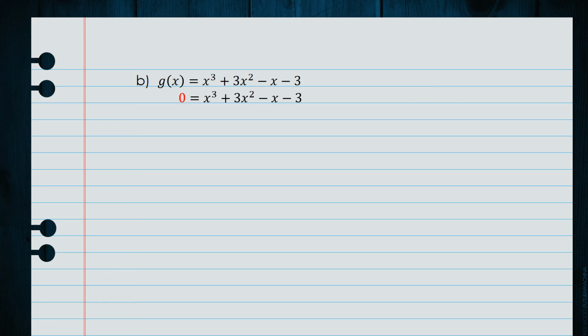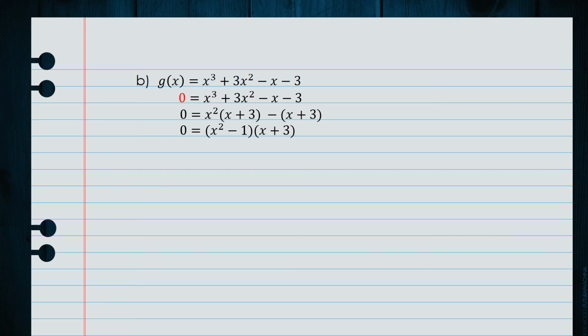If I factor my first 2 terms and my last 2 terms, I will come up with 0 equals x squared times (x plus 3) minus (x plus 3). I notice x plus 3 is repeated, so I have a common factor. That leaves me with 0 equals (x squared minus 1) times (x plus 3).